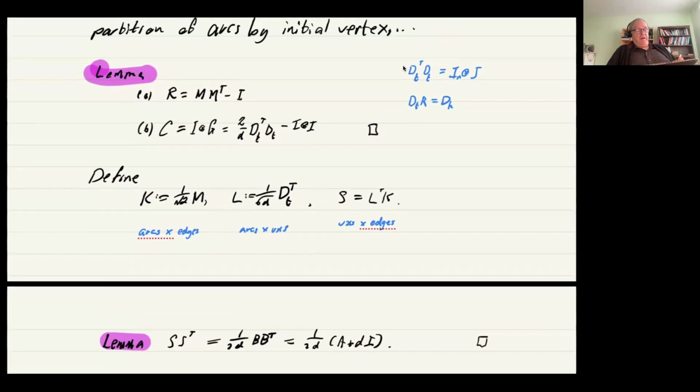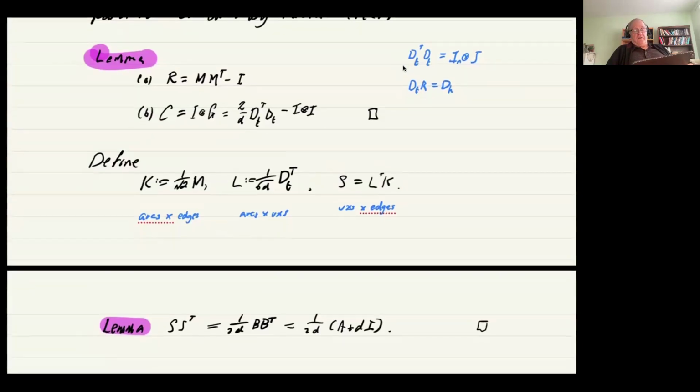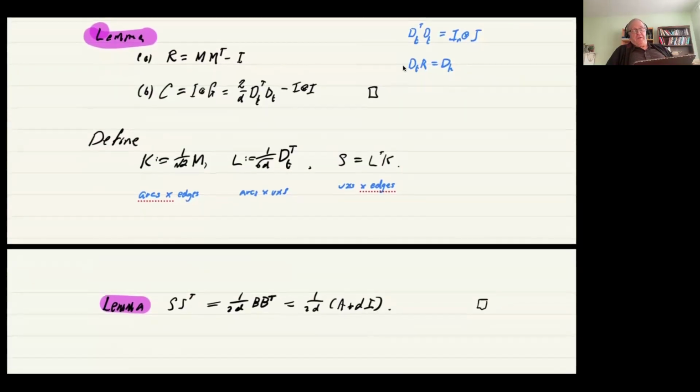Now that means that 2KK* minus identity is R. 2LL* minus the identity is going to be C, and we're going to define S to be this. That's the bit, so it's vertices by edges. Now this is the matrix which is going to give us the eigenvalues and eigenvectors. So it's constructed from M and D_t transpose.